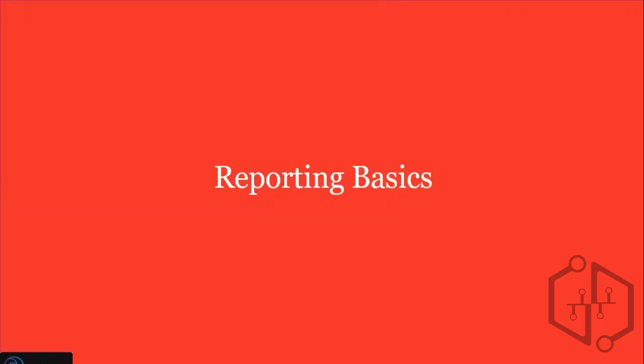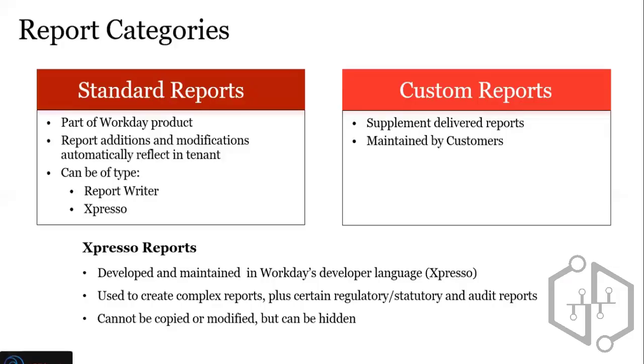Workday provides an inventory of standard reports. When we talk about reporting in Workday, we can broadly categorize our reports as standard and custom, right? As part of the product itself, Workday delivers a suite of reports across different product areas, for example compensation, HCM, talent, recruiting, payroll, and so on.